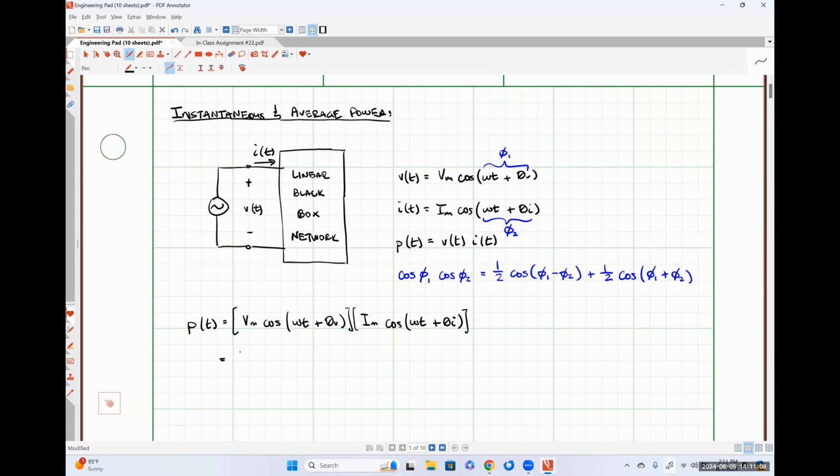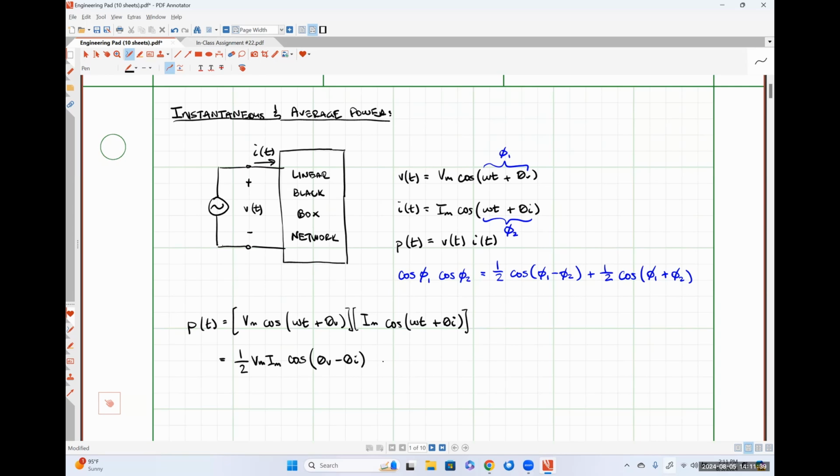So that's going to give me 1/2 Vm times Im, and then the cosine of angle 1 minus angle 2. So omega t plus theta v minus omega t minus theta I. The omega t's cancel each other out, and we're just left with theta v minus theta I.